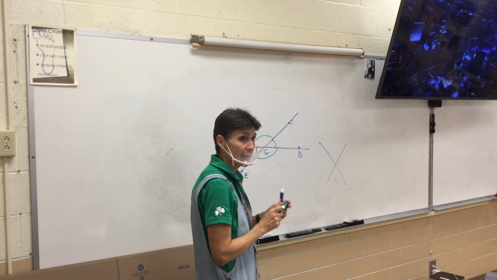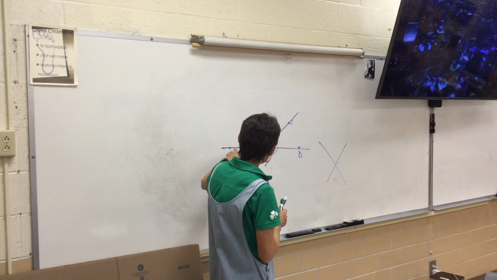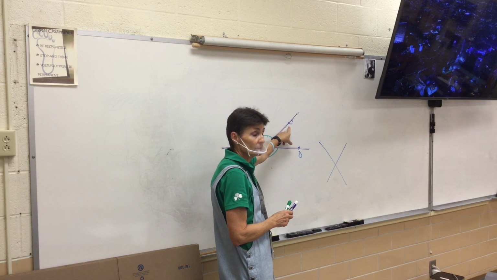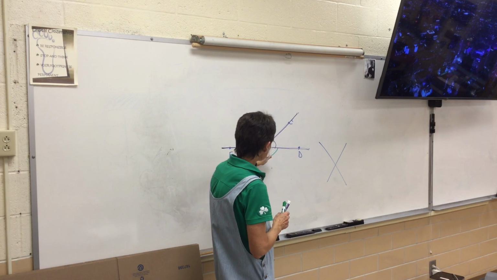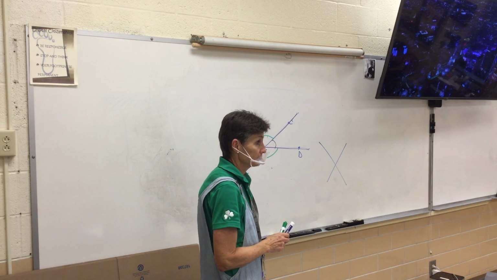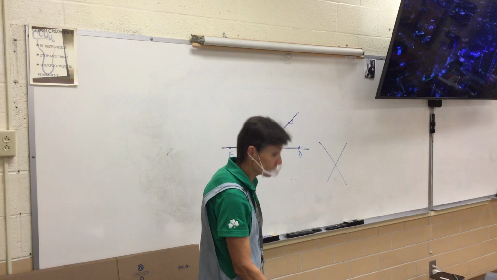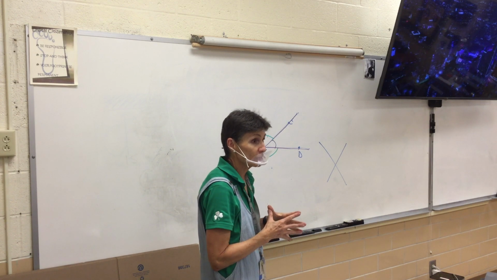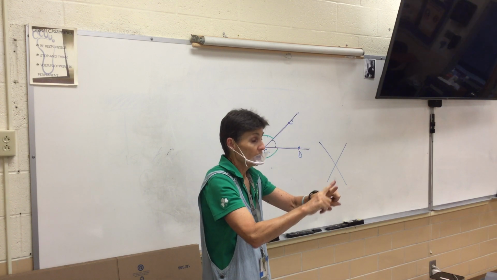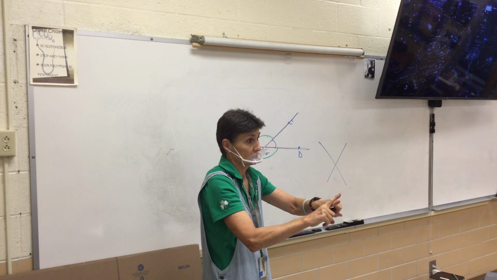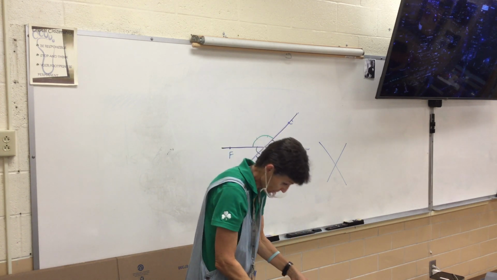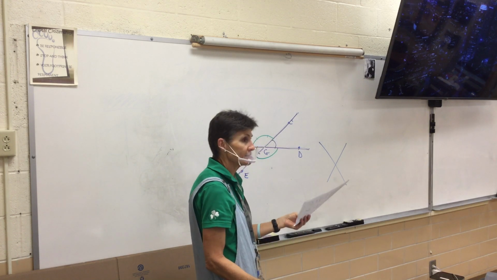So those obtuse angles would be FGC and EGD. So if your job is to find vertical angles, you're going to look for lines crossing. Whole lines. Not rays jutting out, but whole lines crossing.